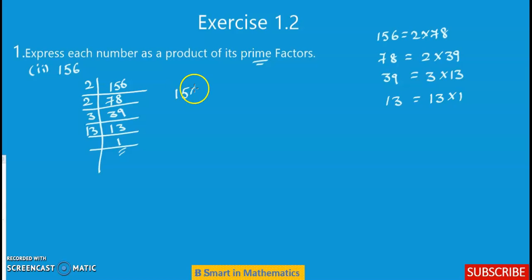So, 156 can be expressed as a product of primes as 2 into 2 into 3 into 13. This is the product of primes of the number 156.